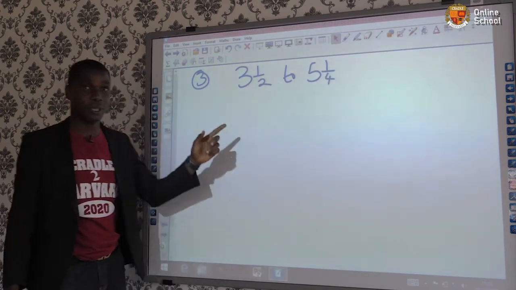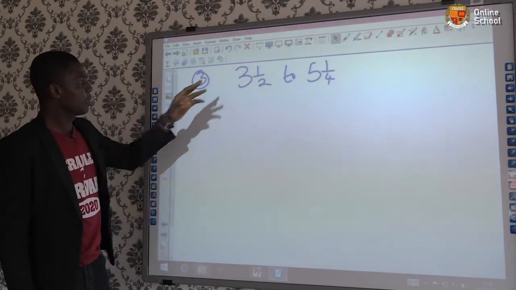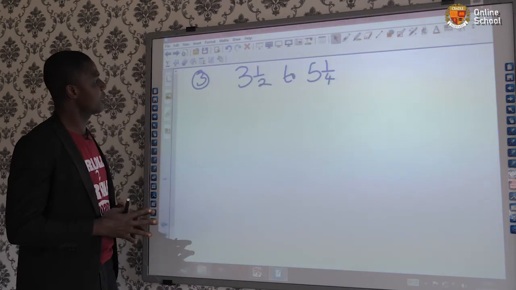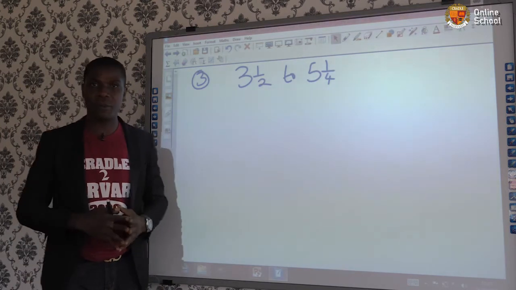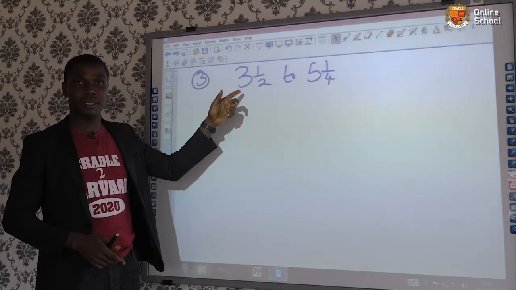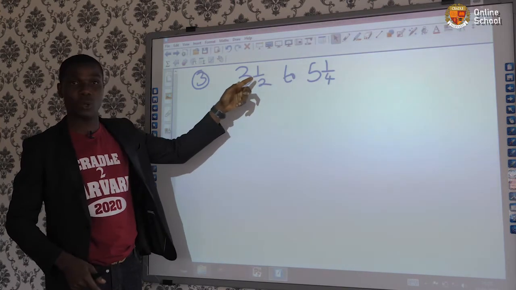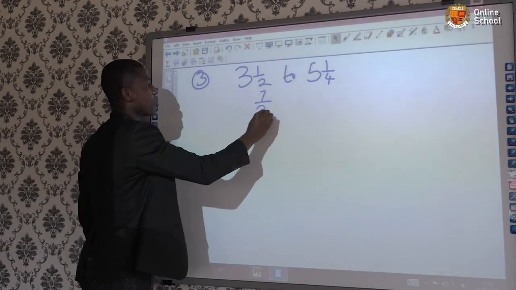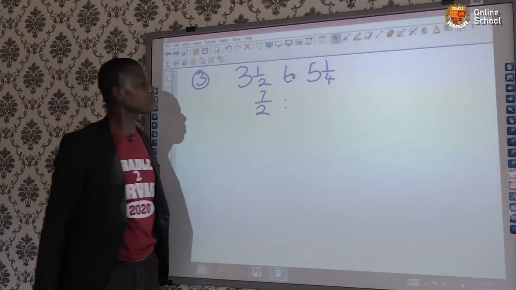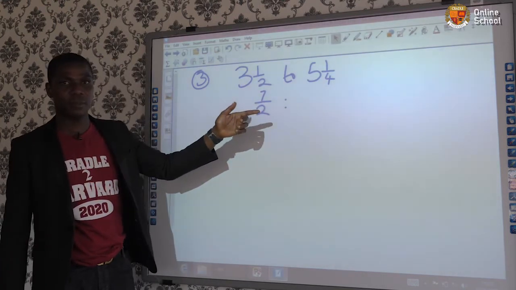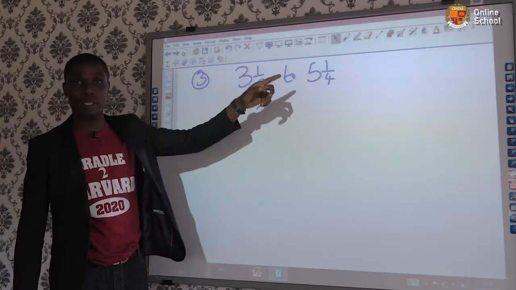Be very careful here. 3 whole number 1 over 2. What do we do? Let's change it to what? Improper fraction. Okay? 2 times 3, 6. Plus 1, 7. 7 over 2 ratio 4 times 5 is 20. Isn't it? Plus 1, 21.